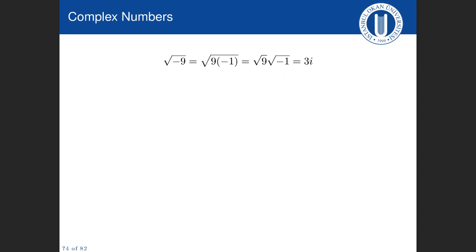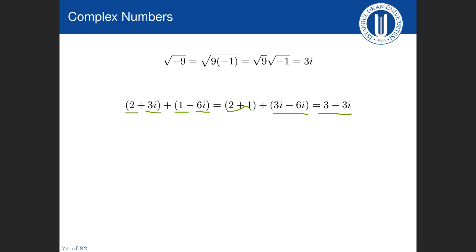We can add two complex numbers together in the obvious way. 2 plus 3i plus 1 minus 6i. We take the real parts, 2 and 1, add them together. We take the imaginary parts, 3 and minus 6, add them together, and we get our answer, 3 minus 3i.